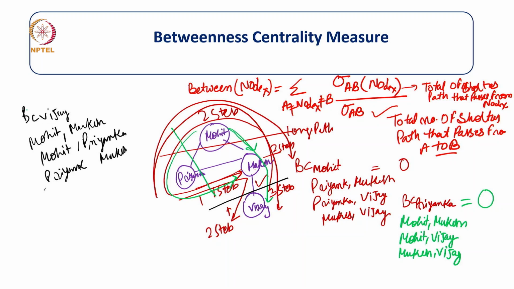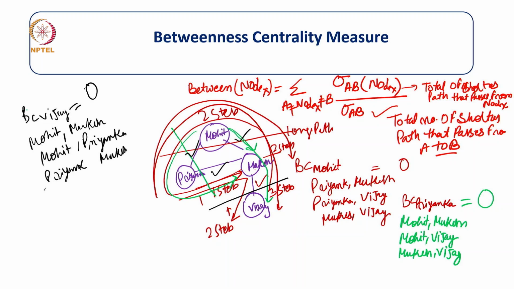So from this graph we can easily see that the shortest path for Priyanka and Mukesh is this one, for Mohit and Priyanka is this one, and for Mohit and Mukesh is this one, and nowhere Vijay is coming in between. So the betweenness centrality measure of Vijay is also 0.